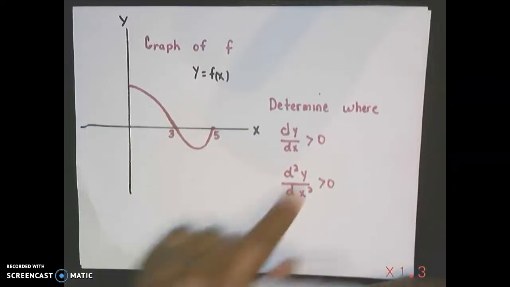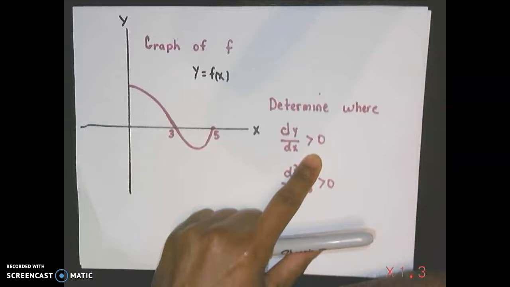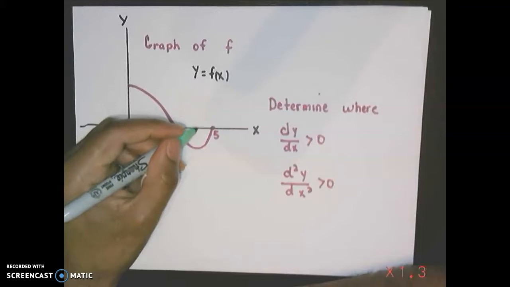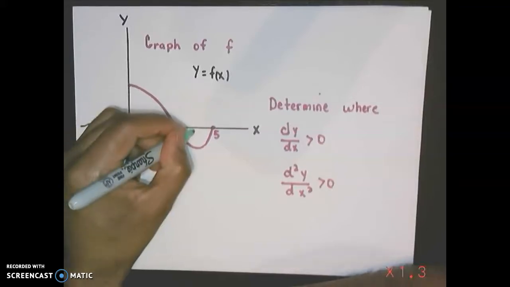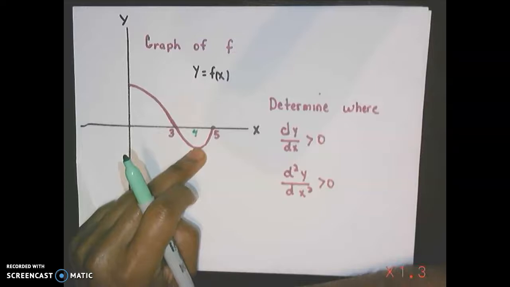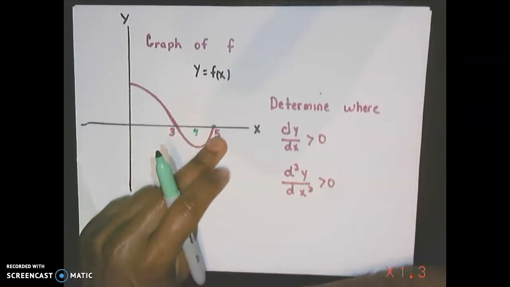So let's look here. Well, first of all, if the first derivative is positive, then that means the function is going to be increasing. So we can see that the function is only increasing from 4 to 5.